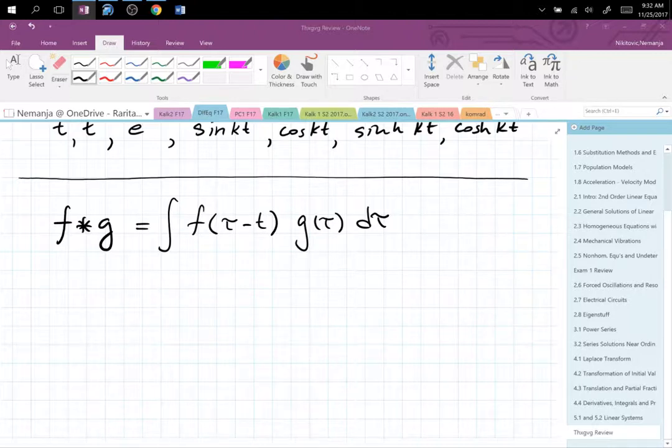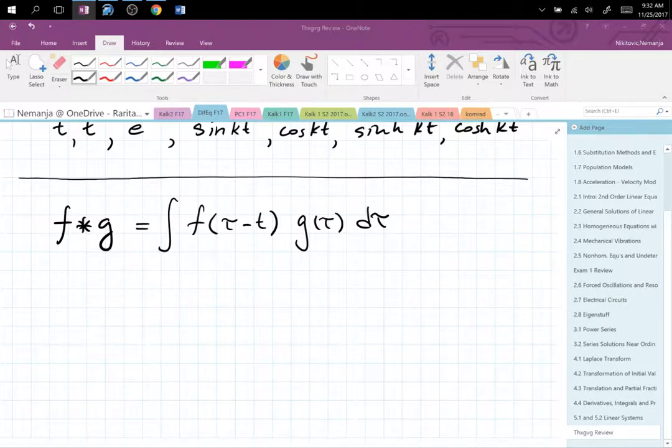Did you find the formula for convolution on the Laplace table? Yes, it's right there, the tau. It has to be on the list. It's F of s, G of s. Wait, that's the tau g of t, I got the wrong one.